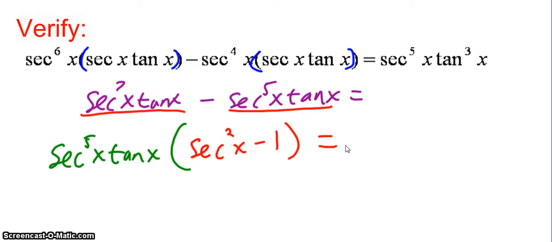So now I know I'm really close to my answer, right? Because I have my secant to the fifth, so that part's done. This tangent of x needs to become a tangent cubed. But hold up, wait a minute, secant squared of x minus 1, that's my Pythagorean identity. This is tangent squared of x.